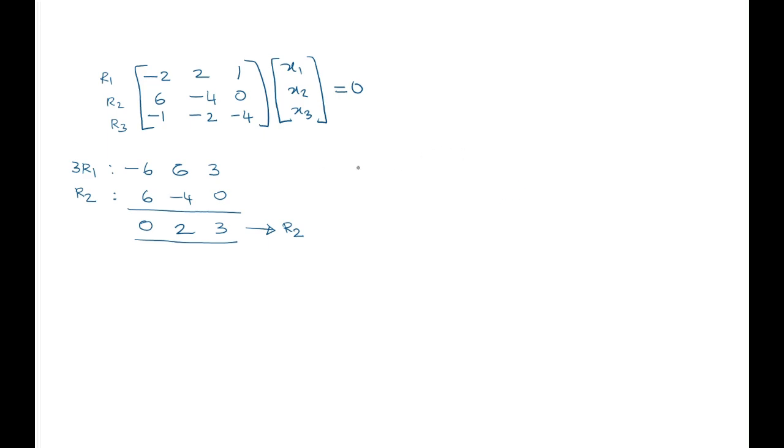Now for the third row, it is enough if we multiply the third row with 2 and then subtract. So R1 here going to be same, that is minus 2, 2, 1, and R3 we are going to multiply with 2 so that it becomes minus 2, minus 4 and minus 8.